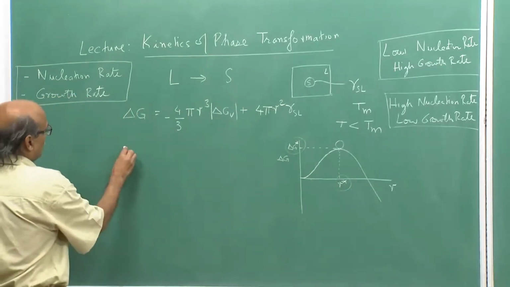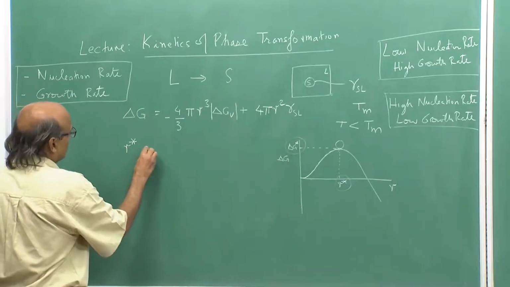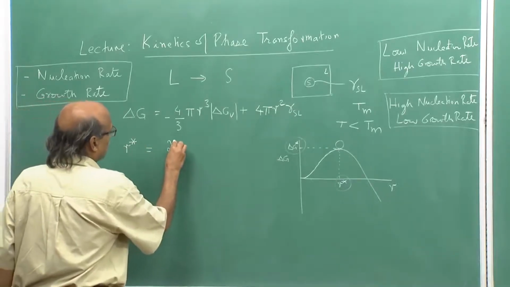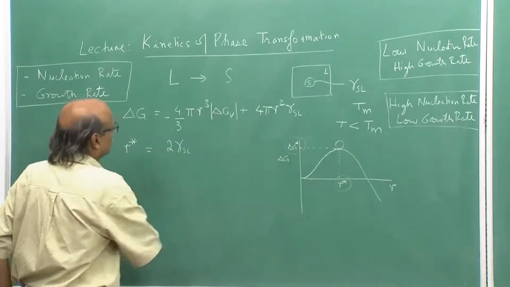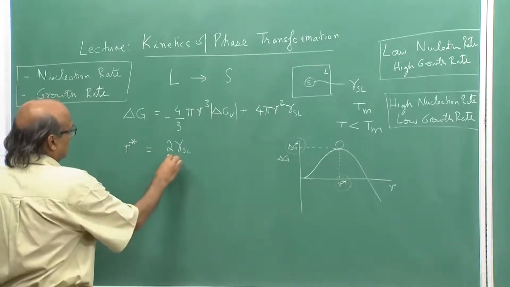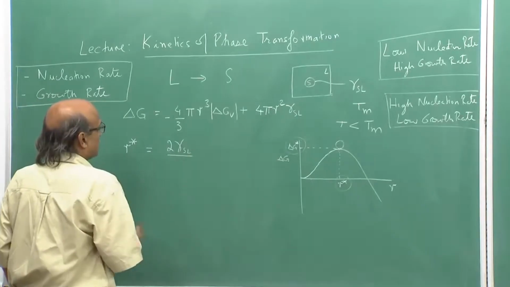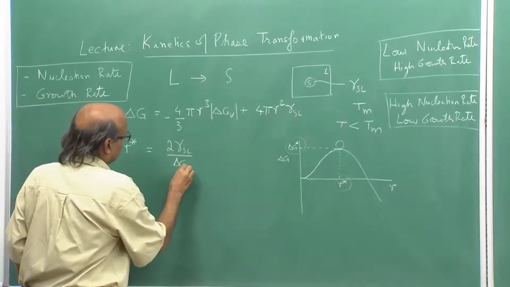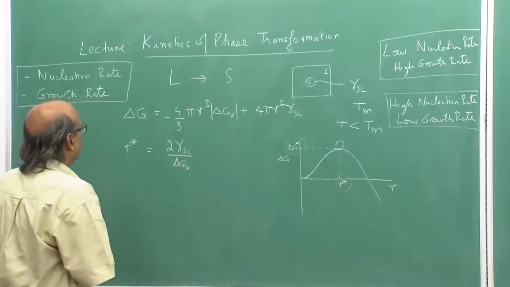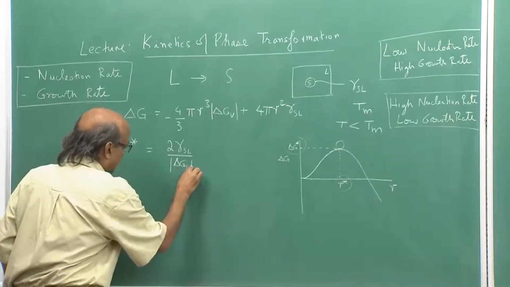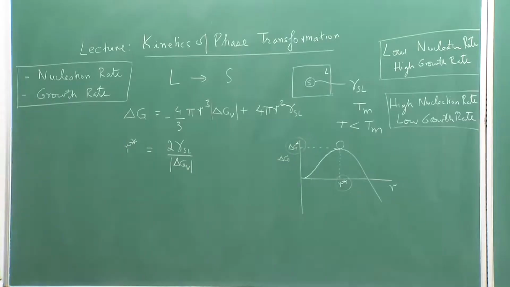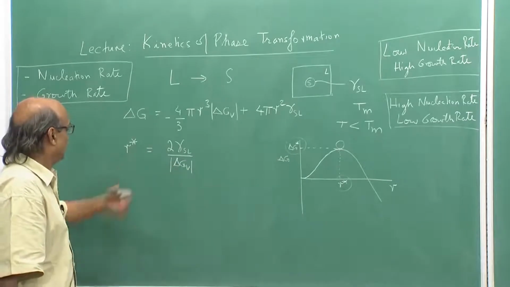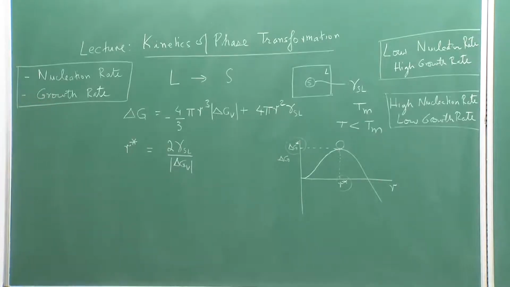So, in fact, you have determined R star as 2 times gamma SL upon the absolute value of delta GV, and I put this in absolute terms to indicate that I will only take the absolute value to get R star.